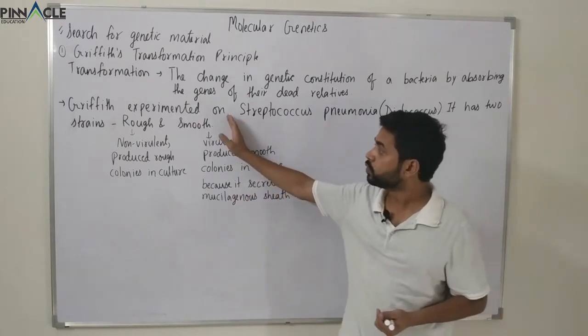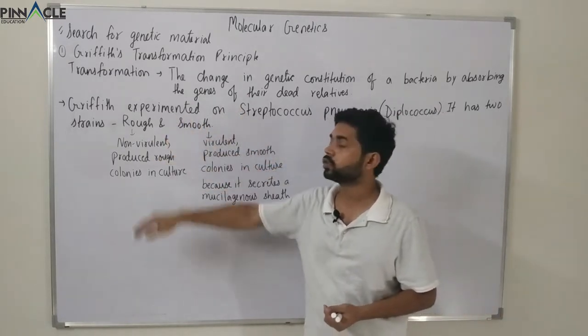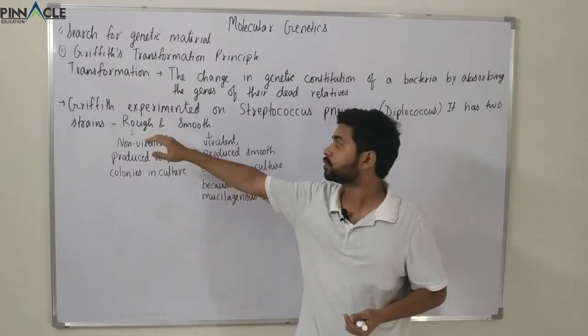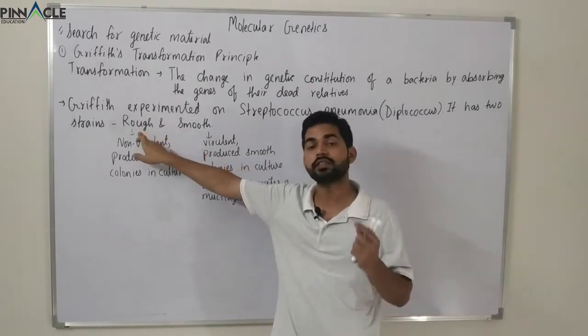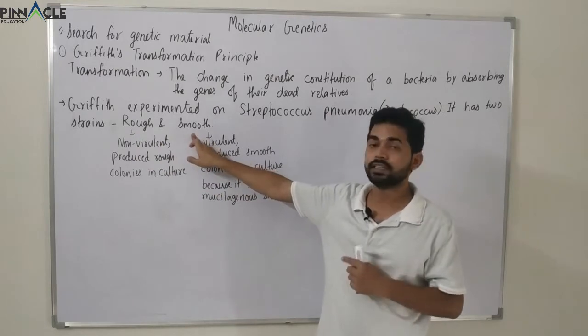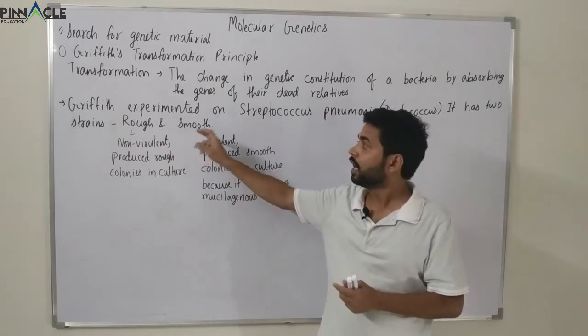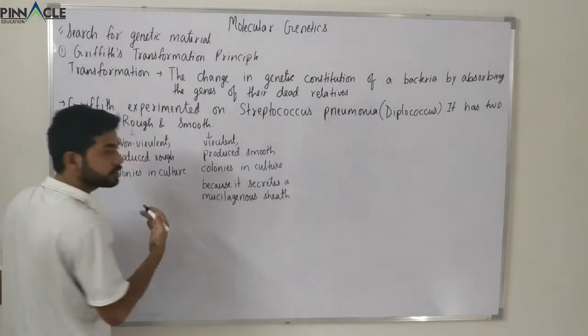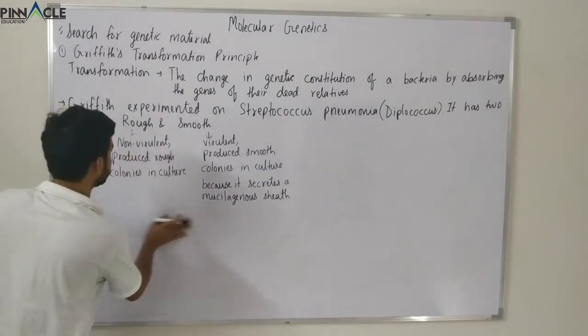The smooth strain had a lot of types, and the rough also had a lot of types. Griffith experimented on the R2 strain, that is the rough 2 strain, and the S3 strain, that is the smooth 3 strain. He took those two bacteria, injected them into mice, and saw the results.